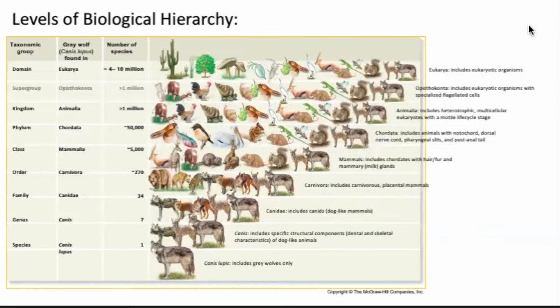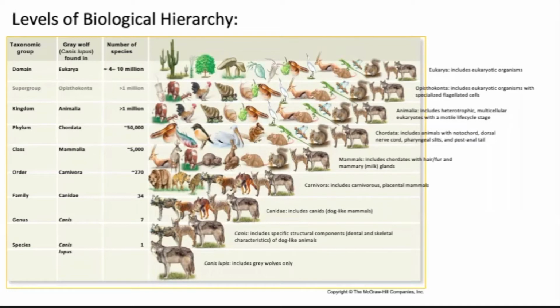And then if we panel down one more to the phylum, we see that we're investigating the phylum Chordata. The phylum Chordata, by definition, includes animals with a notochord, a dorsal nerve cord, pharyngeal slits, and a postanal tail. As we work our way down here, going from phylum to class to order to family to genus to species, you can see in the black words on the right here, it's telling you what each step down is getting more specific with and what this certain classification has to have in order to be as specific as it gets.